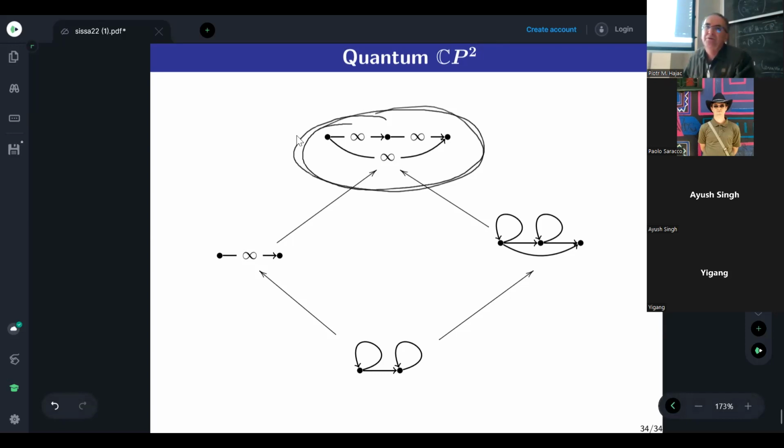This is exactly the CW complex structure of complex projective spaces, as you know from school, and we, using graphs, can reproduce it for quantum complex projective spaces. So this was not done before viewing Vaksman-Soibelman quantum complex projective spaces as graphs.